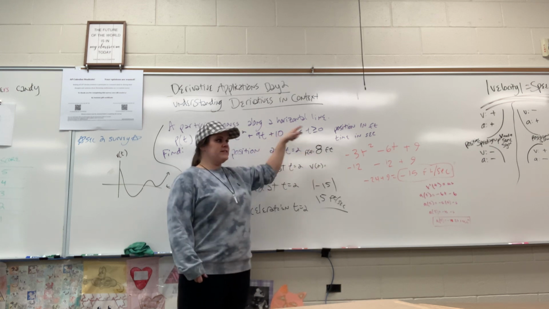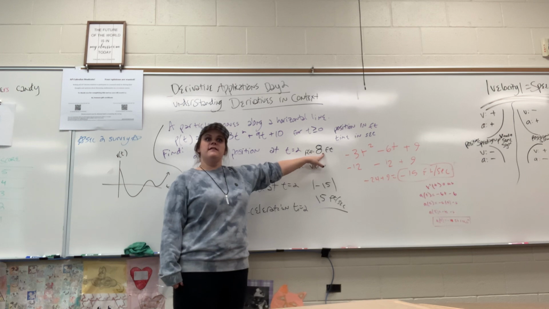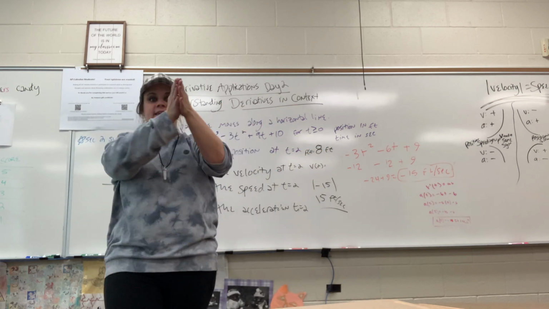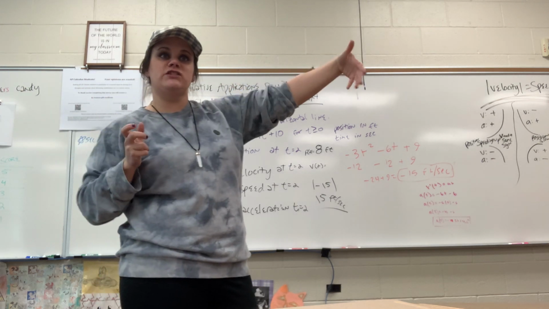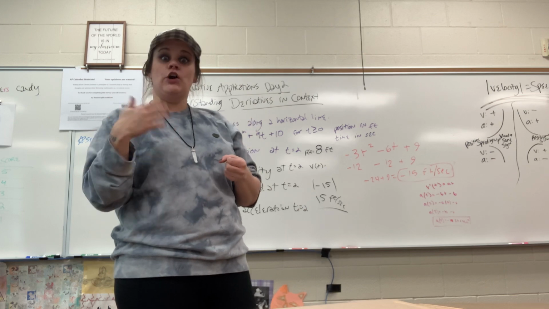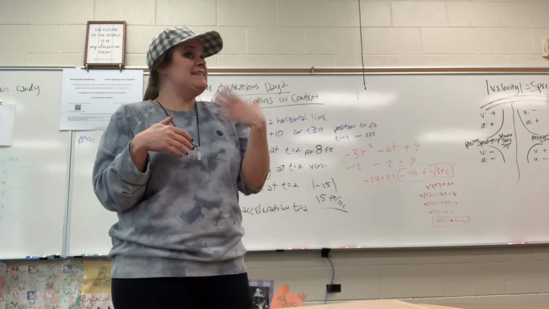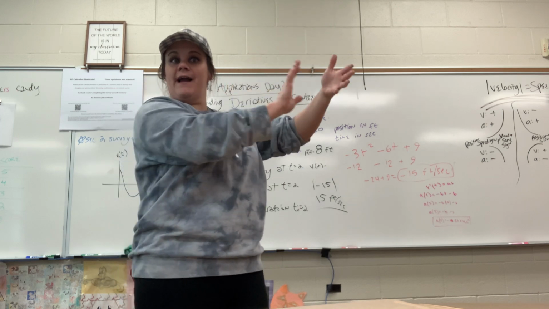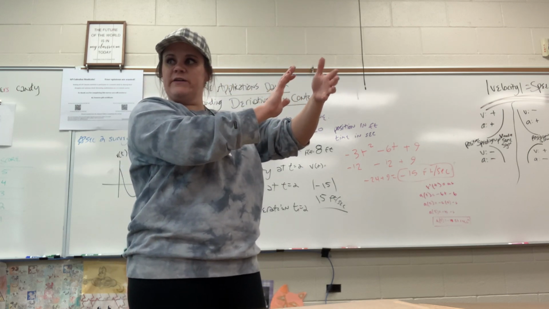Because I went back 2 from where I started. The idea of displacement is how far, think of it more like a length, how far I am from my starting point, where the ending position is more like starting position plus my displacement, right? Where I start plus how far I went is where I end. Does that make sense? You guys with me?